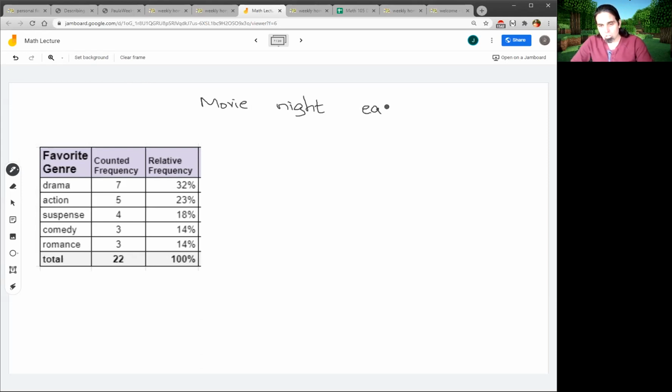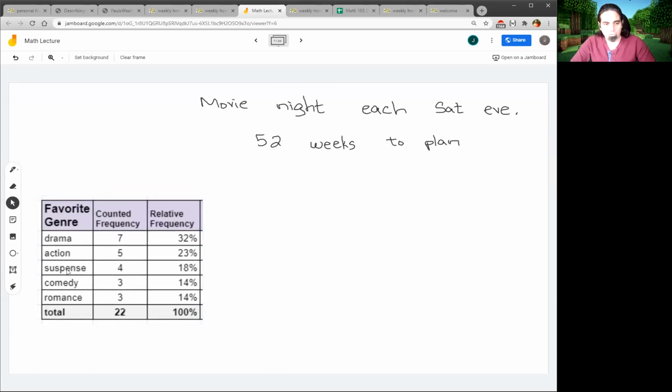So each Saturday night, so we have 52 weeks to plan. So the question is, how many movies of each of these genres that you know your target audience likes should you have in your annual plan? How many dramas, how many actions, so on. So you took a survey, only 22 people answered the survey, but you can trust for some reason that they are representative of your whole target audience.